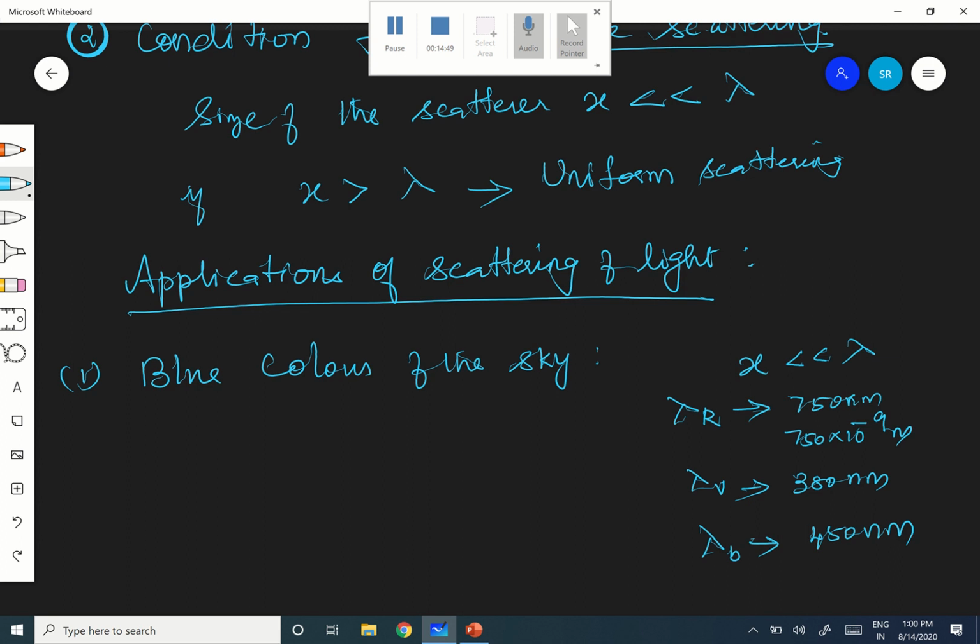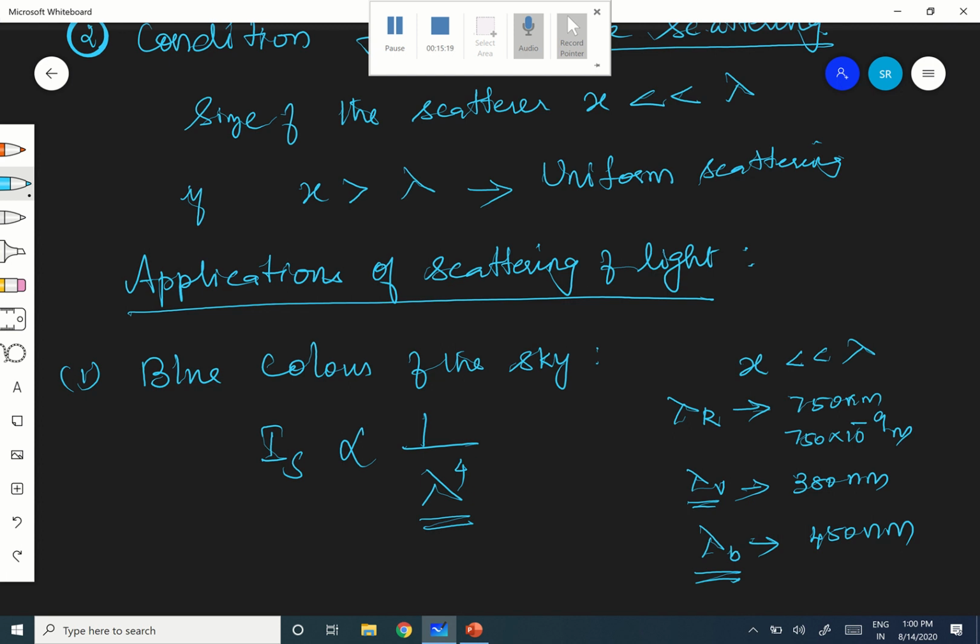The intensity of the scattering is inversely proportional to the fourth power of the wavelength. So the lowest wavelength is violet, then indigo, then blue. Therefore, when the light passes through the atmosphere, the lowest wavelengths will be scattered in the atmosphere itself.